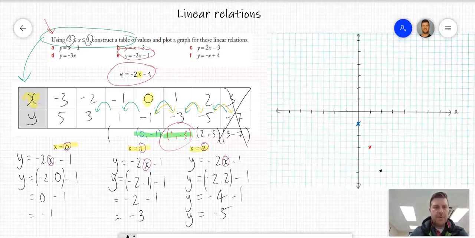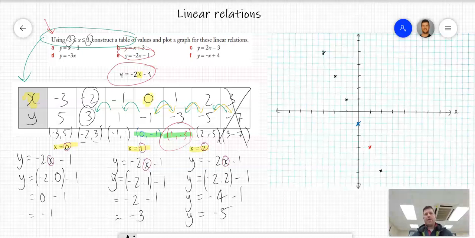Let's go back and do (-1, 1), so (-1, 1) is there. Then (-2, 3), so -2 and 3 is that point there. And the final point is (-3, 5), so -1, 2, 3, and up to 5 is there.